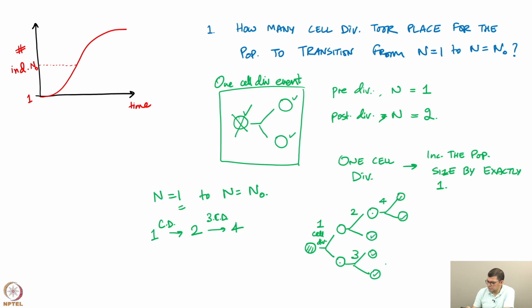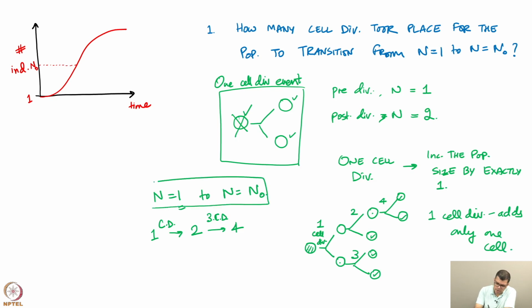The pattern that you should see is that one cell division adds only one cell. Hence, to go from n equal to 1 to n equal to n naught, I am increasing the population size by n naught minus 1.